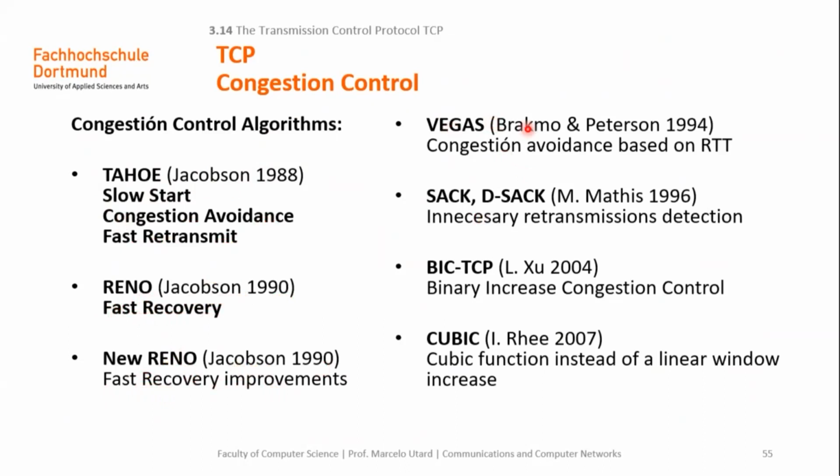Vegas, proposed by Brakmo and Peterson, proposed a congestion avoidance based on round trip time. That is, in order to detect congestion earlier, by detecting an increase in the round trip time due to soft congestion in the network.